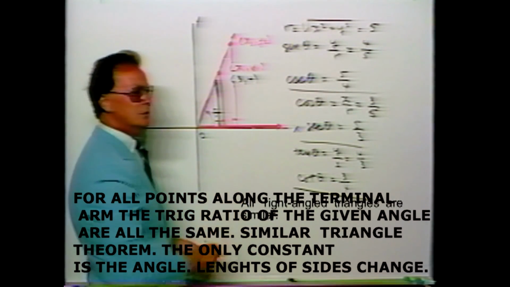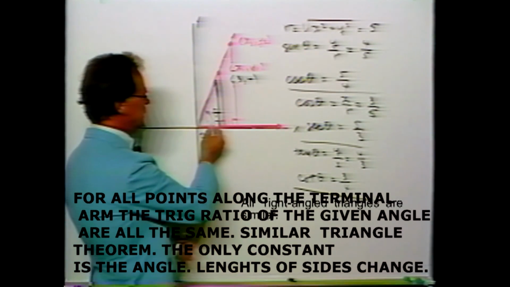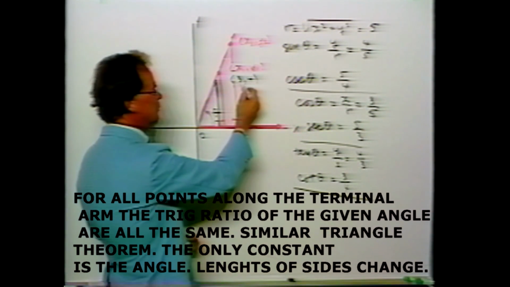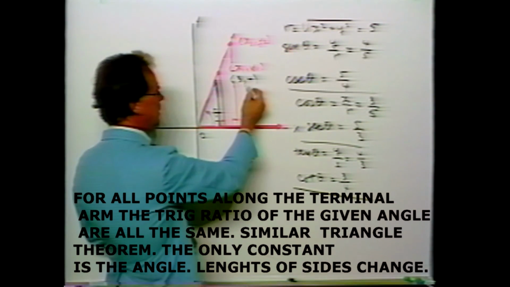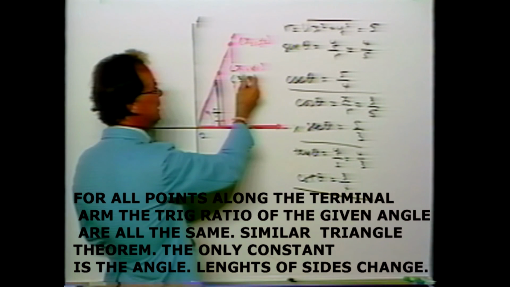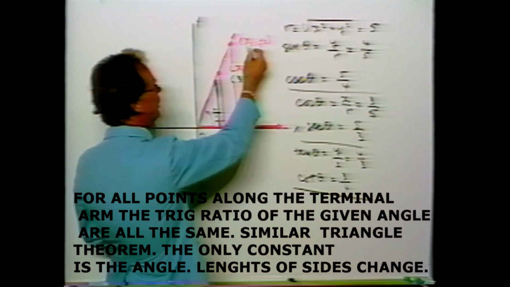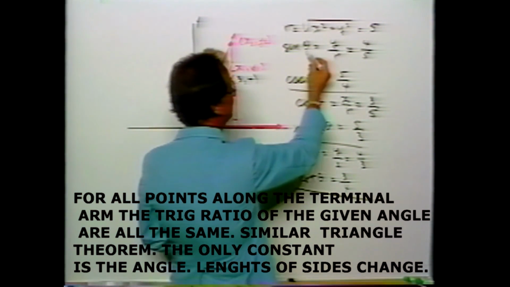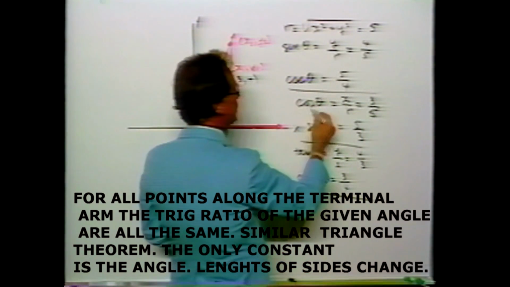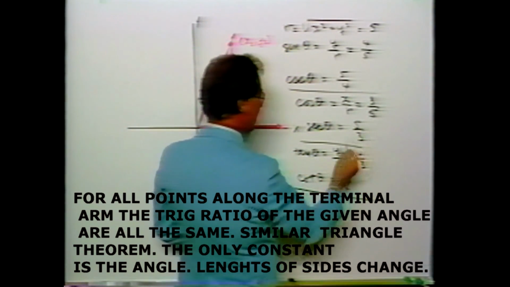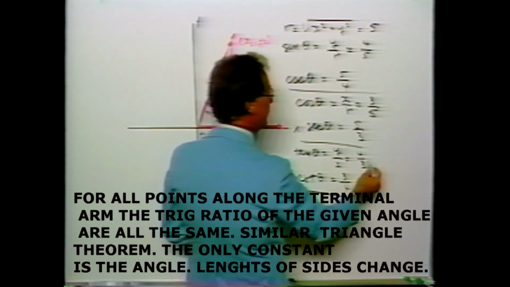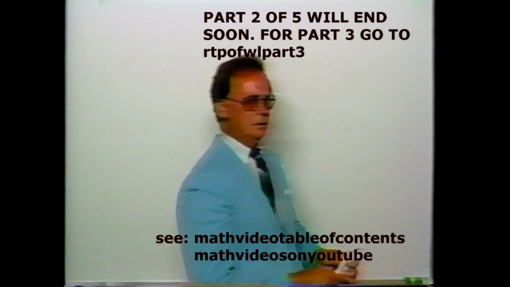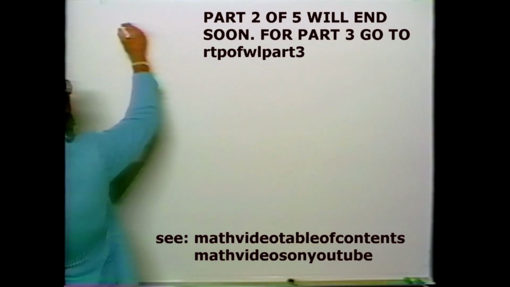We have triangles of different size here, but dealing with the same angle at the origin, no matter whether we have the point represented by the coordinates 3 comma 4 or some other point on that terminal arm represented by x1 y1, or another point on that same terminal arm x2 comma y2, the value of sine theta will be 0.8, the value of cos theta will be 0.6, and the value of tan theta will be 1.3 repeated, for any one of those coordinates chosen. The next topic I want to discuss is related acute angles.